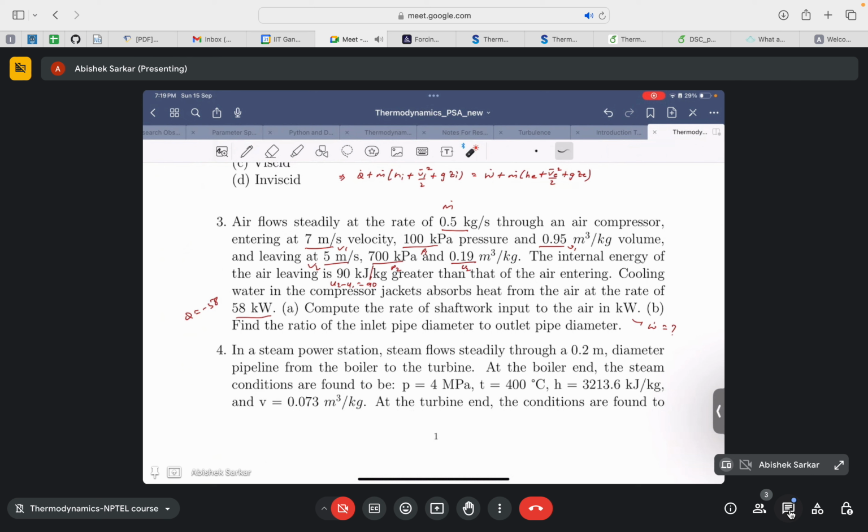Try it out, tell me the answer. It's not necessary, there might be some mistakes while calculation, but the important thing is to know how to apply the steady flow energy equation in this kind of problems. So you can try it out, tell me the answer, let us see whether it matches with the solution that I have in my hand, and that's fine, it's completely fine.